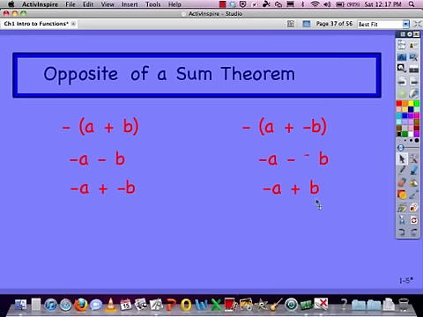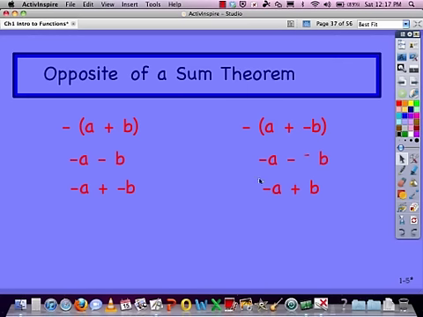Now notice also, I was not saying, for example, over here, negative A plus negative B. I was reading it as the opposite of A plus the opposite of B. Reason for that? Because you don't know really what A is. And if A was a negative 3, then this would be the opposite of negative 3 or 3, and then whatever B is.